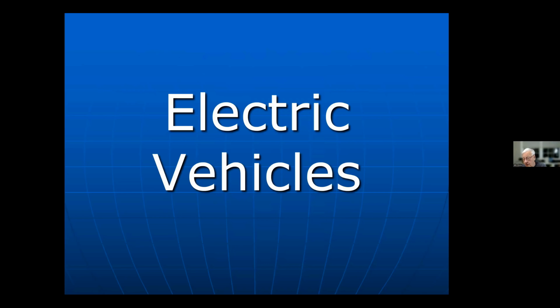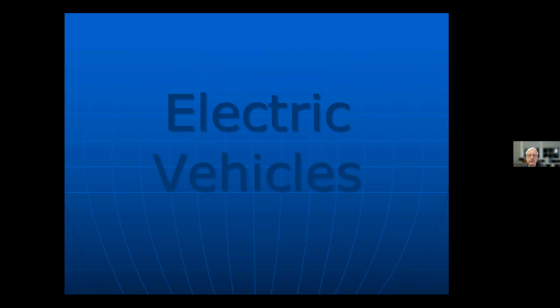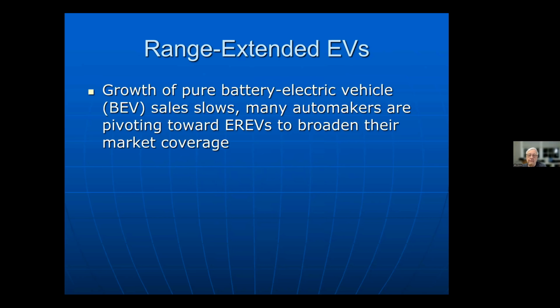Electric vehicles, another interesting topic. What's going on now is something called range extended EVs. Because in the past year, we've seen the pure battery EV sales slow down, so that now your automakers are pivoting and saying to themselves, is there something else we can do here to broaden their coverage?